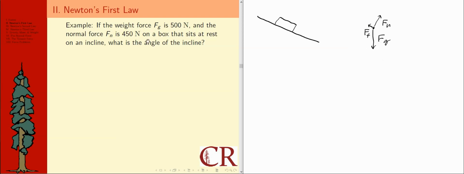And then let me look at the question. The question was to find the angle, right? I can also put in what we're given here: the force of gravity is 500 newtons, and the normal force was given to us as 450 newtons.